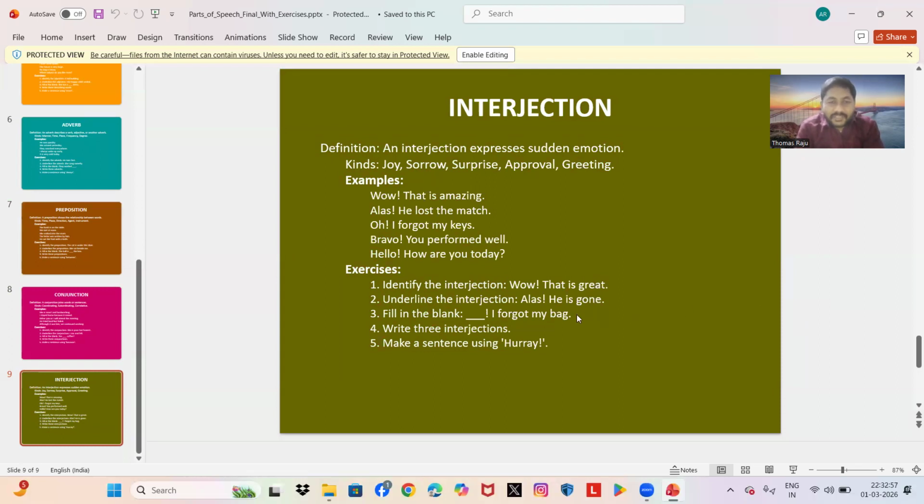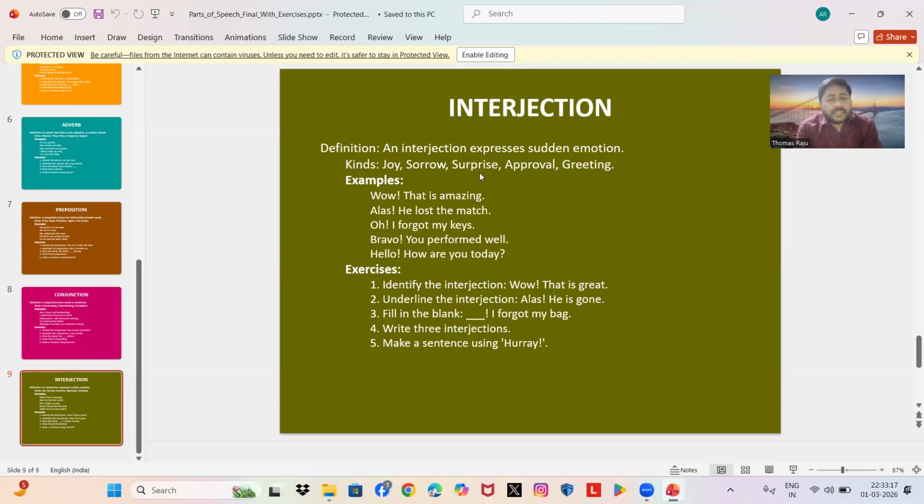Clear? What is the definition of interjection? An interjection expresses sudden emotions. It is used to express a sudden feeling or emotion: joy, sorrow, surprise, approval, greetings, etc.